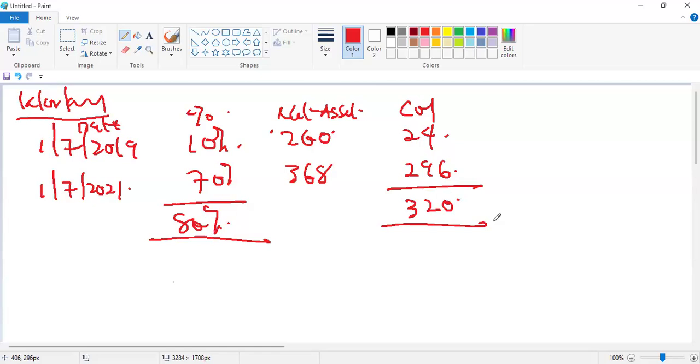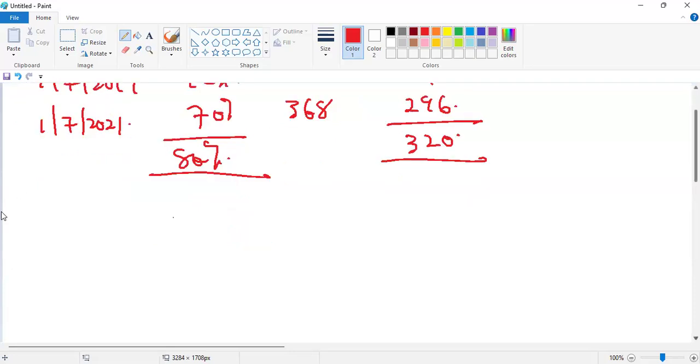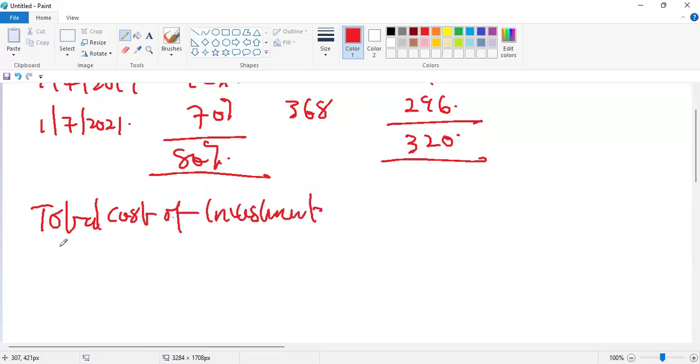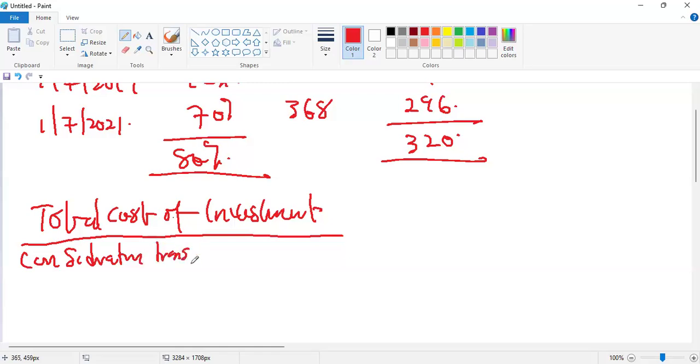To calculate goodwill in a step acquisition, the total cost of investment to be used now will not be just the consideration transferred to have control.